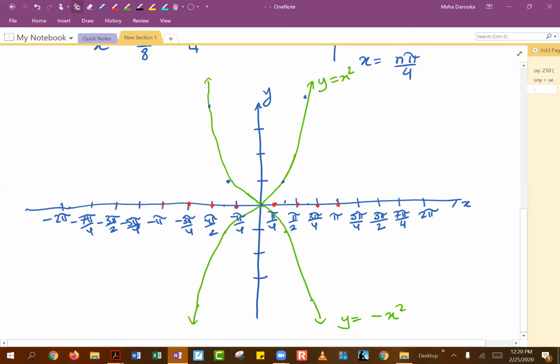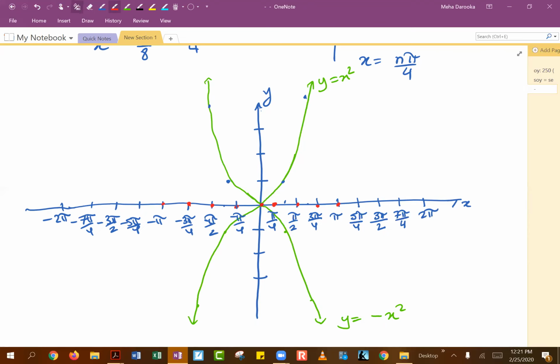And you would be starting at maximum, minimum, maximum, minimum. And you would also have an x-intercept at the origin, because if n was 0, your x-intercept would be there.